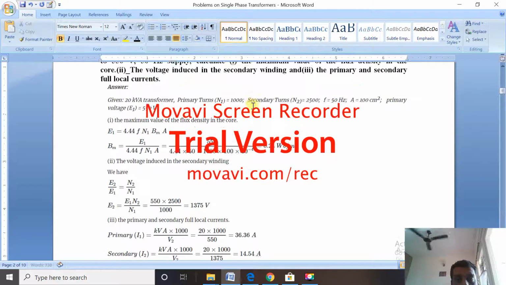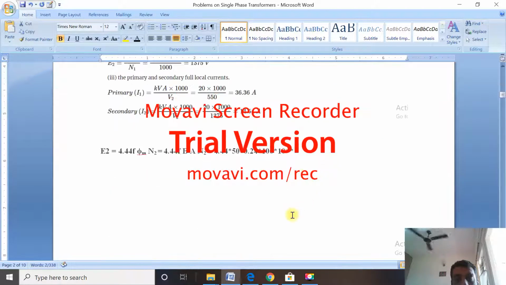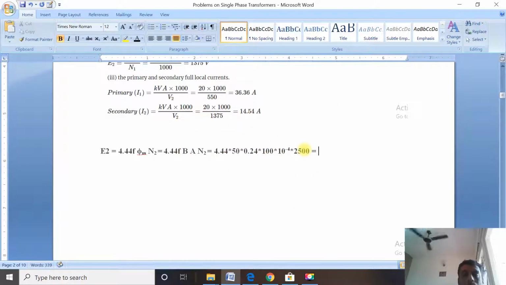What is the value of N2 given in this problem? 2500 secondary turns. So multiply with 2500, and you will get some answer.